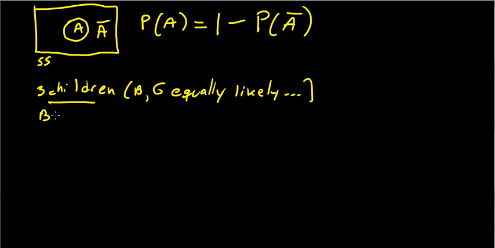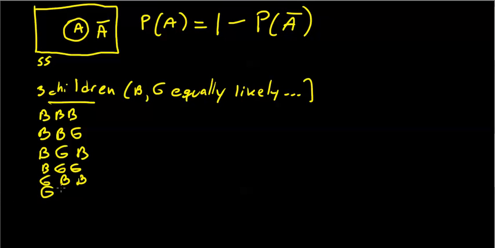We can write down very easily all of the 8 possible outcomes. We've done this in class many times. Boy, boy, boy; boy, boy, girl; boy, girl, boy; boy, girl, girl; girl, boy, boy; girl, boy, girl; girl, girl, boy; and girl, girl, girl.